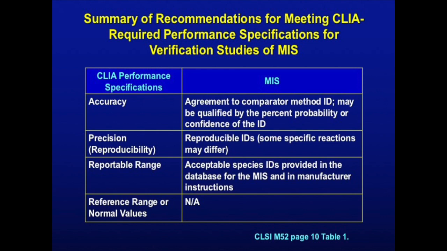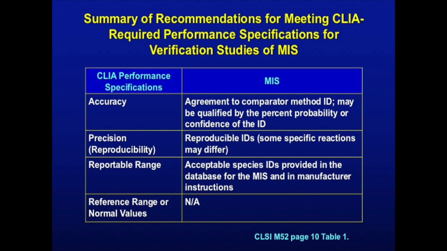We would want to come up with the percent probability or the confidence of that identification. Precision: are the identifications reproducible? Reportable range: the acceptable species IDs are provided in the database. Reference range or normal values would not apply to microbial identification systems.